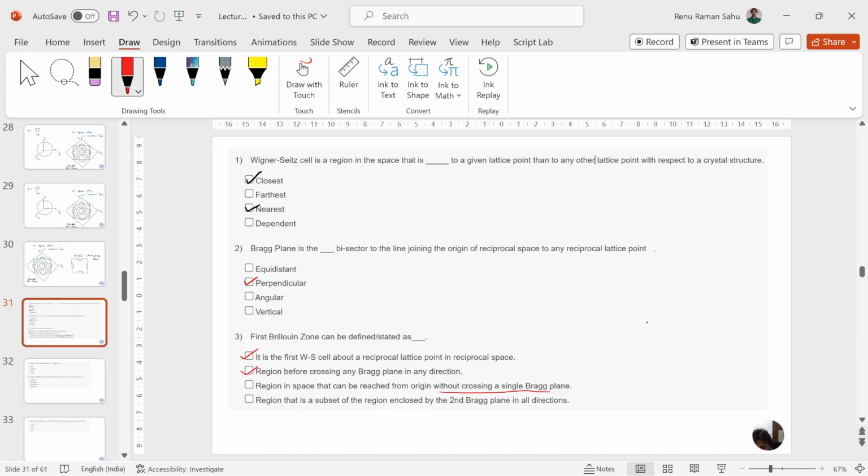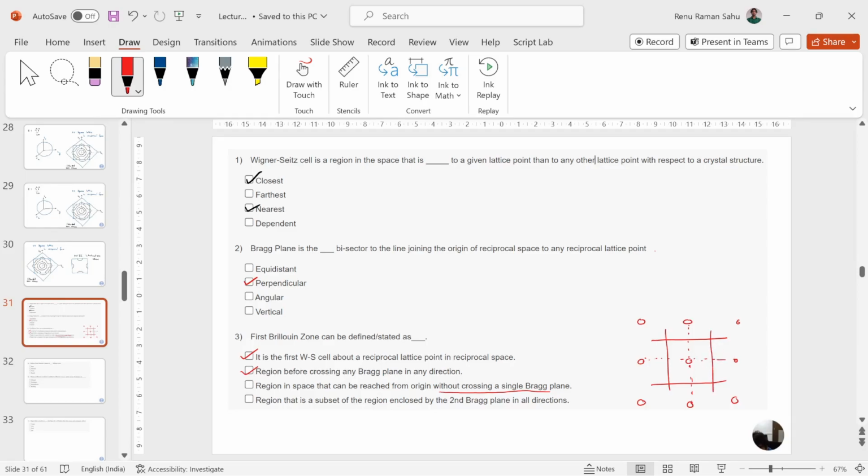Okay. So for example, if we have this lattice, how do we construct the first Brillouin zone? To construct the first Brillouin zone, you have to join the nearest atoms, and then take the perpendicular bisector. Take the perpendicular bisector of this line, perpendicular bisector of this line, perpendicular bisector of this line, and of this line.